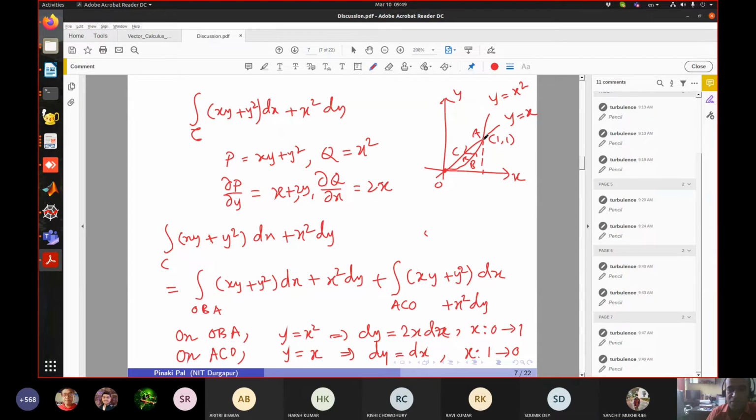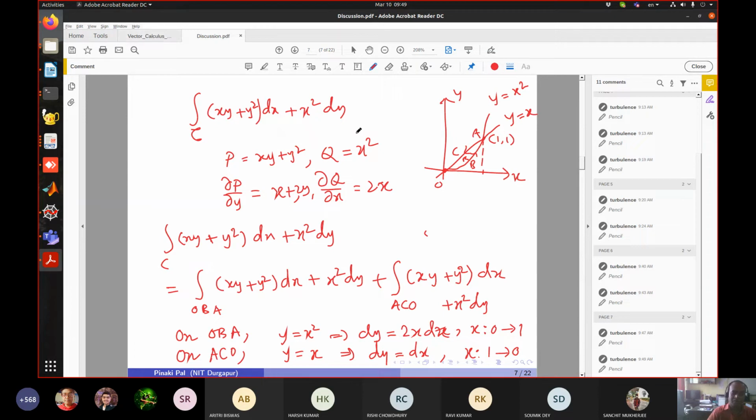We are starting from this point A, and at this point the value of x is equal to 1. This is anticlockwise. Otherwise this equivalence cannot be established if you don't consider this anticlockwise sense of description.